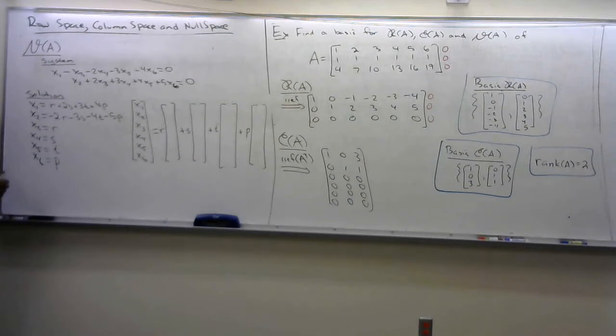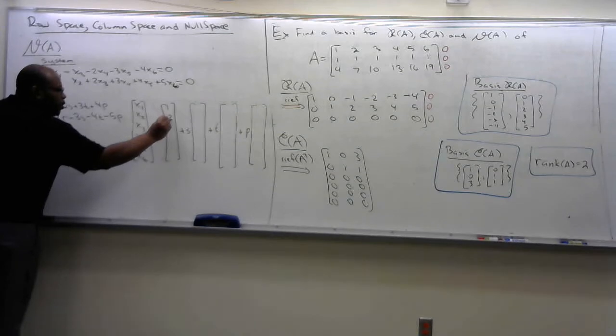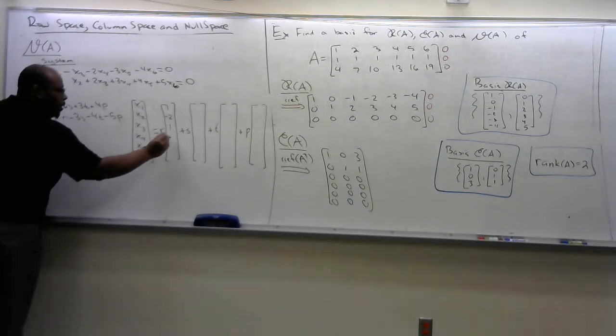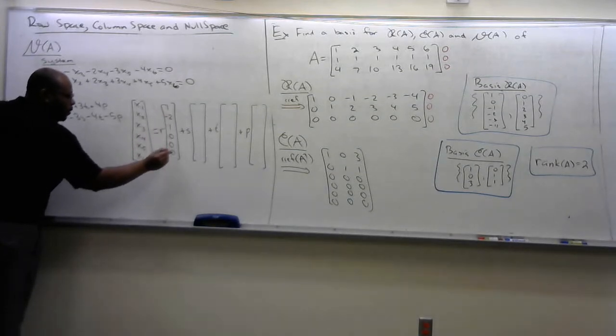So let's write it down and see if we do it right. You guys just double check to make sure I do it right. Sometimes I might have an error here or there. I'll try to avoid that, but that might happen, so we just have to deal with that. For r, I get 1, negative 2, 1, 0, 0, 0.